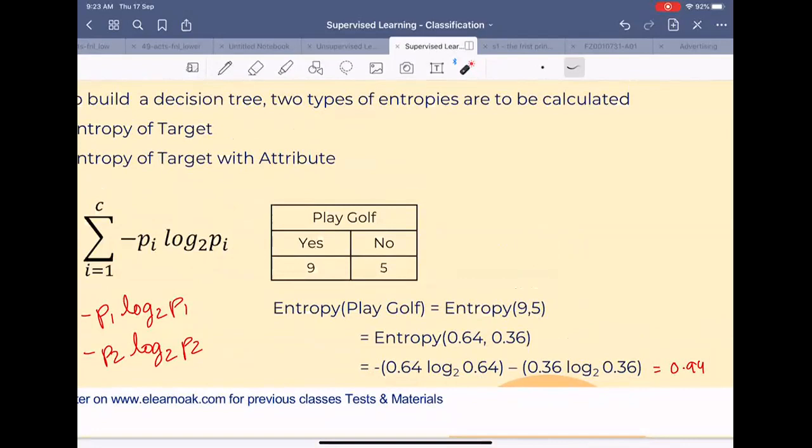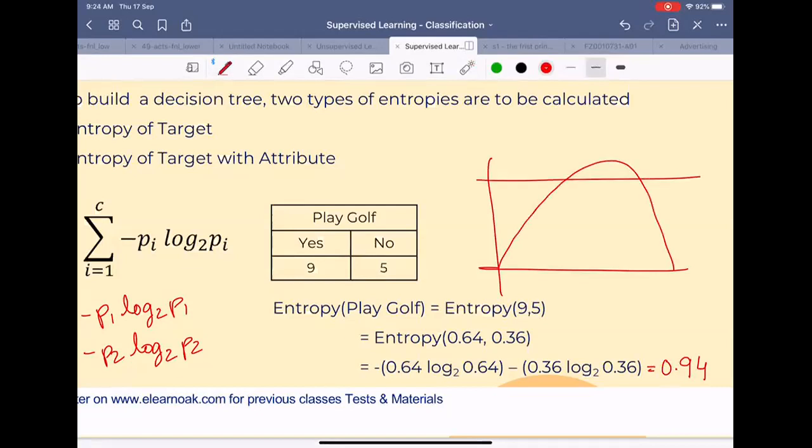If I evaluate this, it comes out to be 0.94. And 0.94 is a rather large number. If we are plotting our entropy term, 0.94 is somewhere around here. This is 1, so we are somewhere on the upper end.